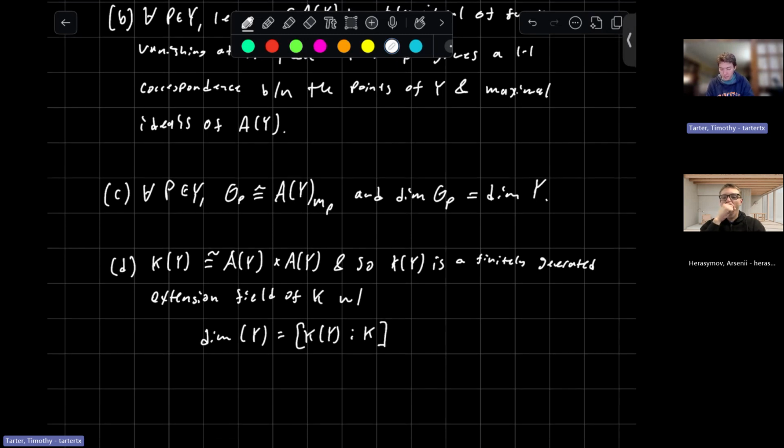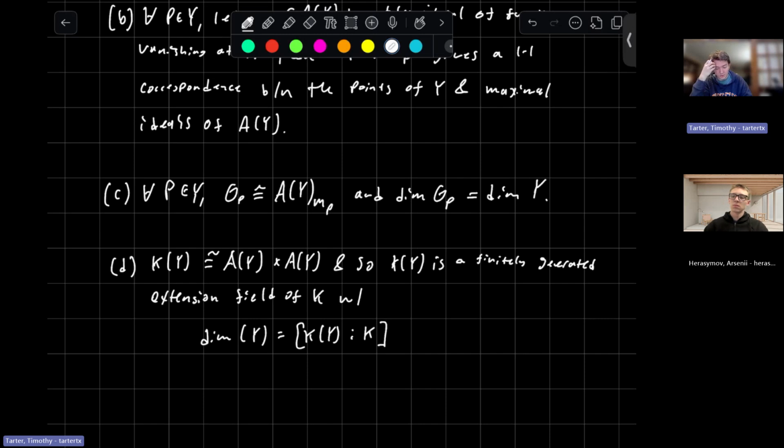Now for C, for every point in Y, the localization at P is isomorphic to A(Y) localized at the maximal ideal MP. Basically this hinges on the fact that we can send things straight from the polynomial ring to the ring of regular functions.